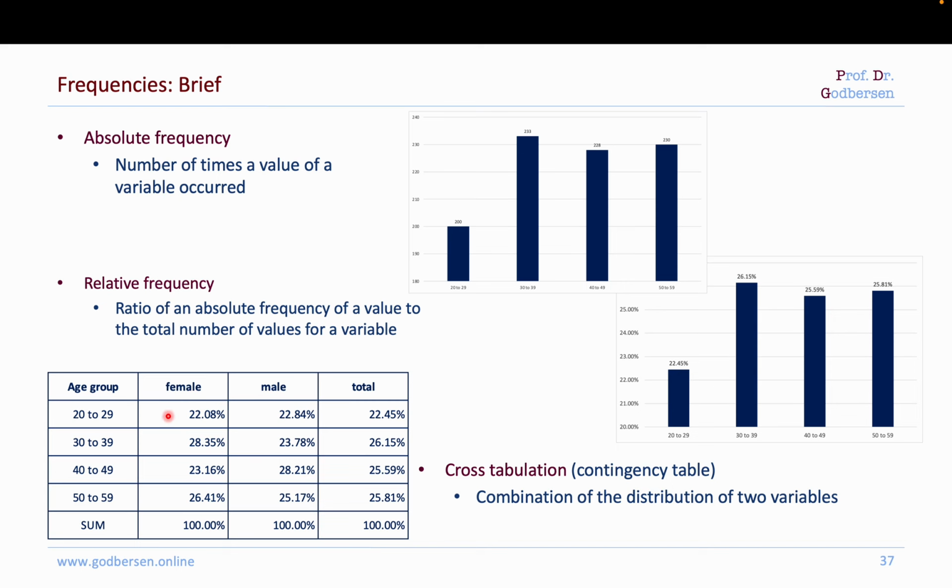And here you can say 22.08% of all female participants are in the age group of 20 to 29 years, or 28.35% of all female participants are in the age group of 30 to 39 years, and so forth, and the same for the male participants.